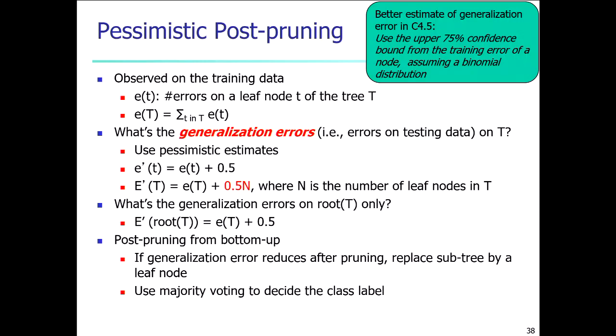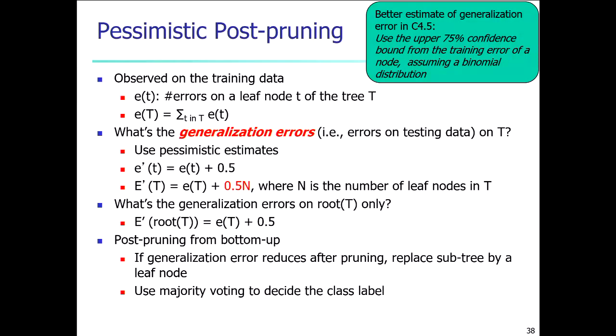So if we observe on the training data, for each leaf node, the small t, we define E of t, which is the error on this leaf node. And for the whole decision tree, we define the error as the sum of all the errors on each and every leaf node.